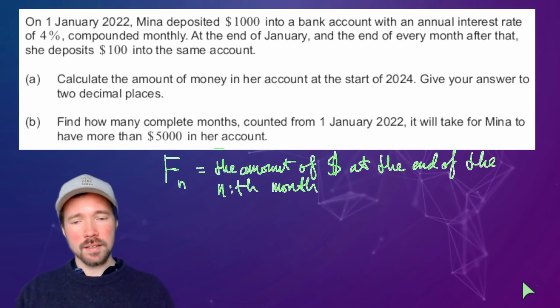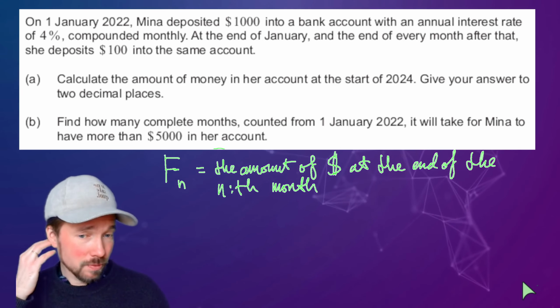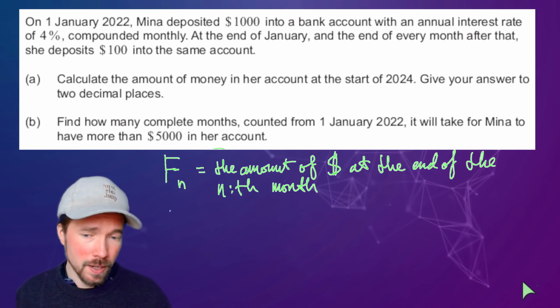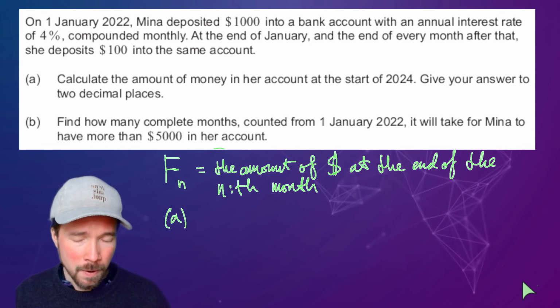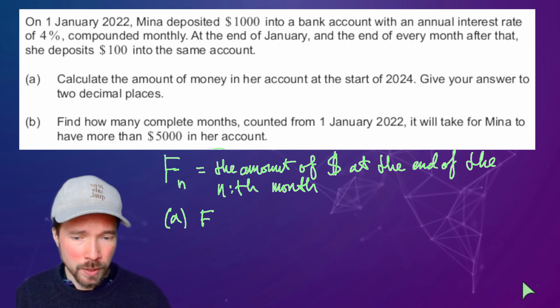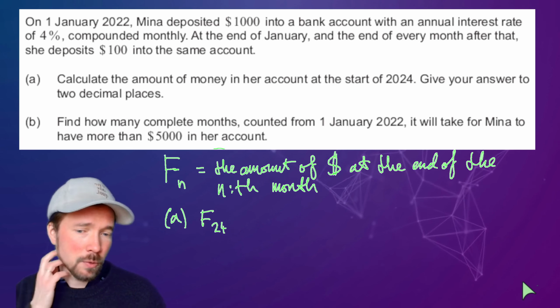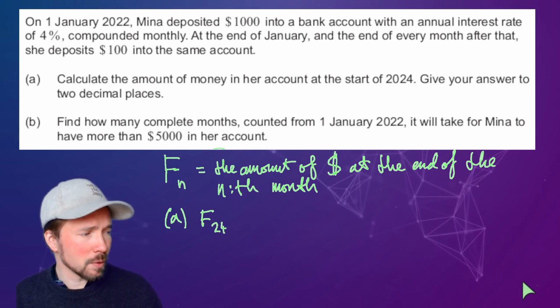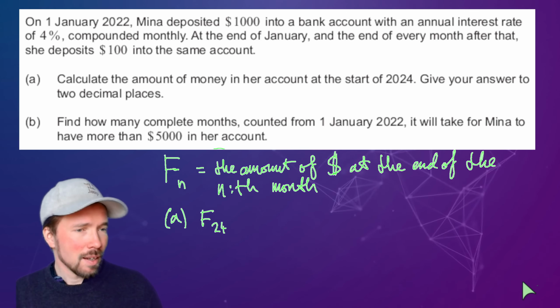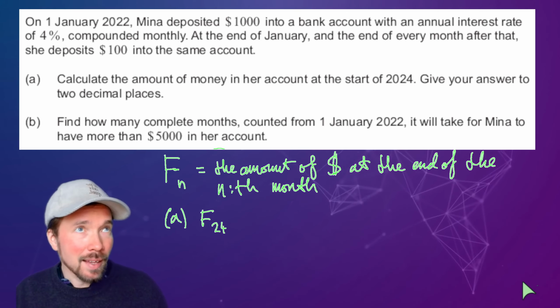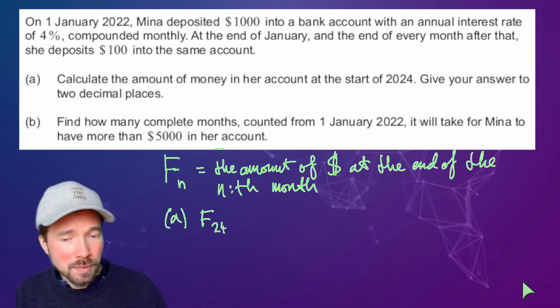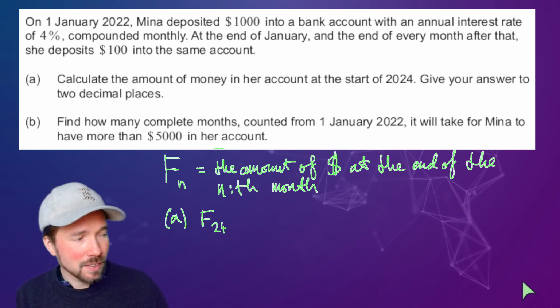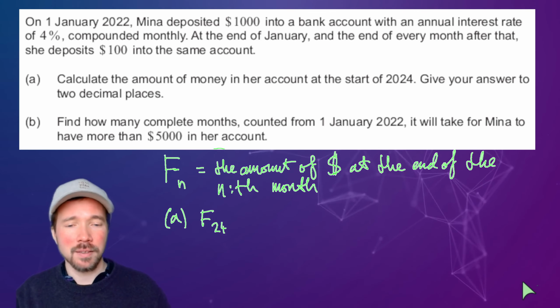And the reason we should find this formula is because once we find it, then the answer to A is going to be simply F24, because that's after 24 months. The amount of money at the end of the 24th month and at the beginning of the 25th month is the same, so it doesn't matter which way around we do it.